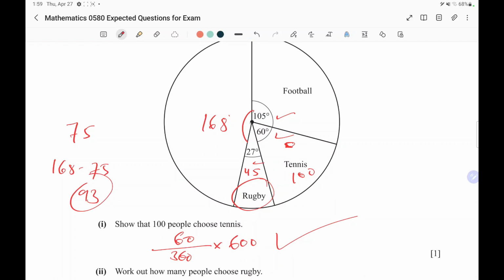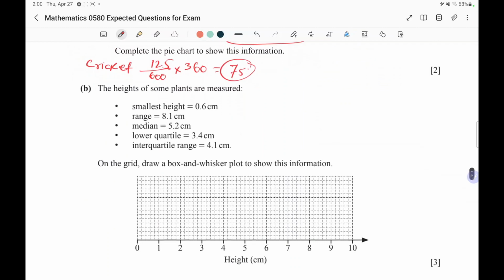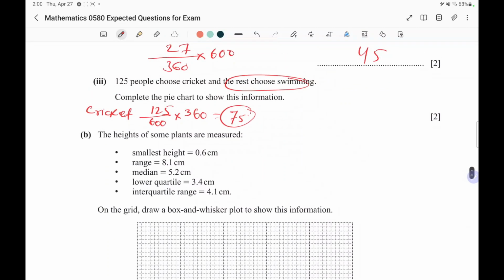Here we can say this much, and we can erase this. This one we can say 75, and this one we can say 93. This is for cricket, and this is for swimming. Okay, so it's done now.